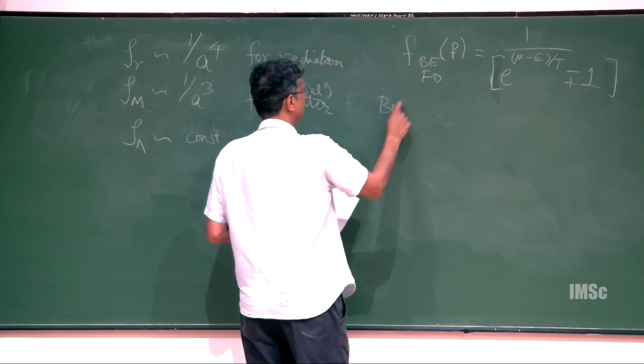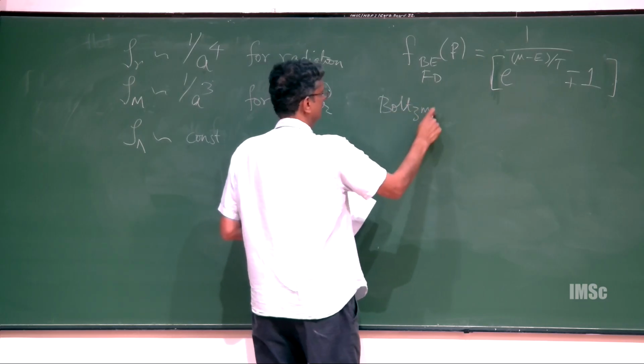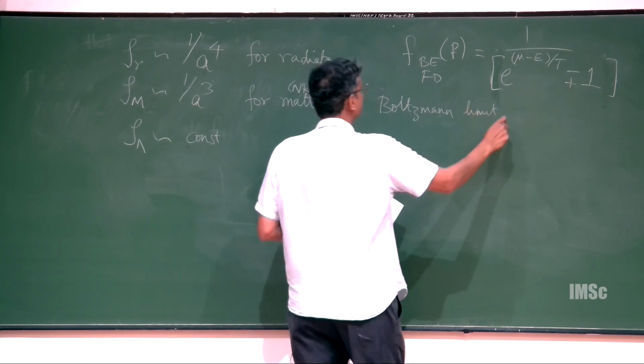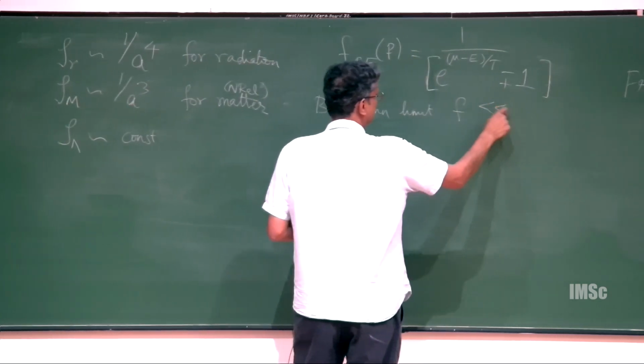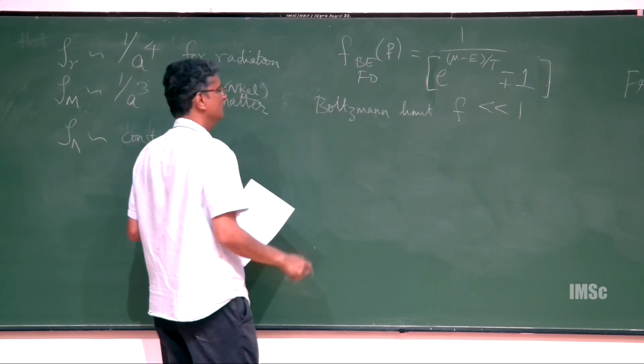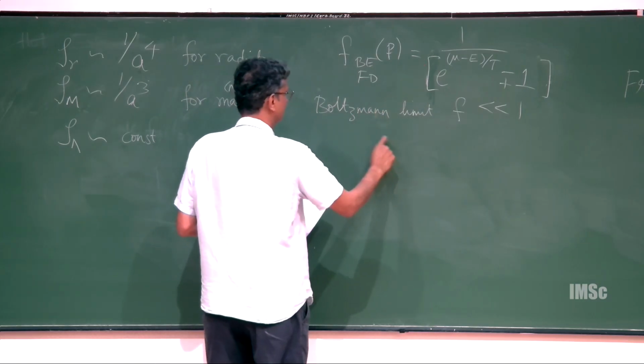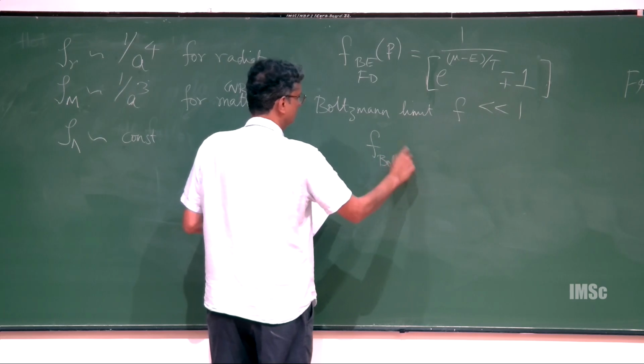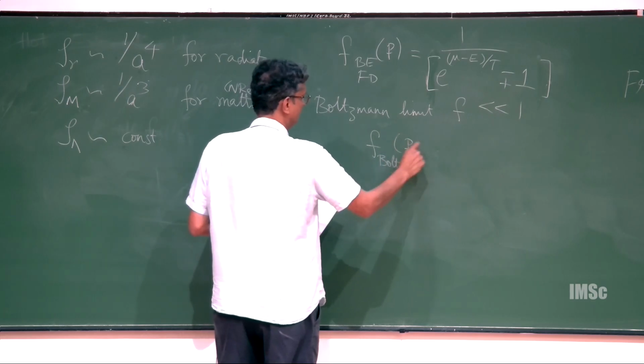And the Boltzmann limit is what we'll use. When the occupation number is small, you can just make your life easier, and we will use the Boltzmann distribution.